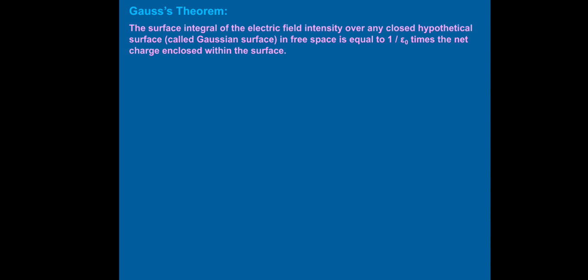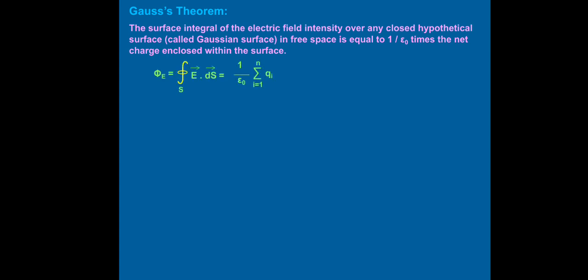Mathematically we can state this: the surface integral of electric field intensity, which is nothing but electric flux, over any closed hypothetical surface, and this hypothetical surface is called the Gaussian surface, in free space is equal to 1 by epsilon naught times the net charge enclosed within the surface.